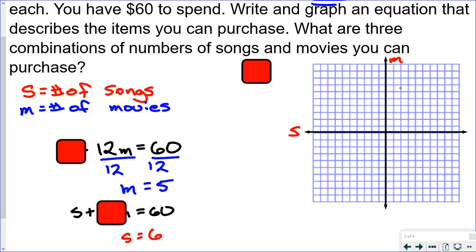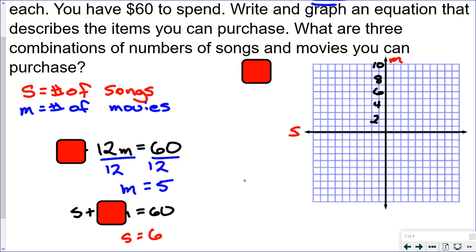All right, so for our movie axis, let's count by ones. So I'm going to label this 2, 4, 6, 8, and 10. So I'm just labeling every other one.